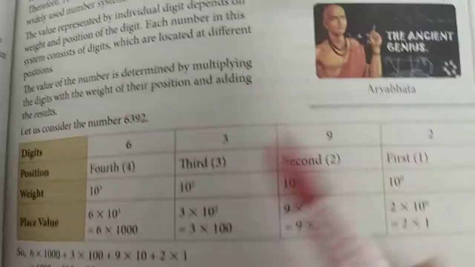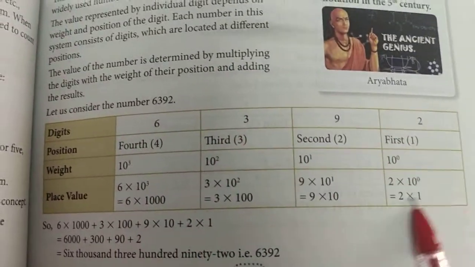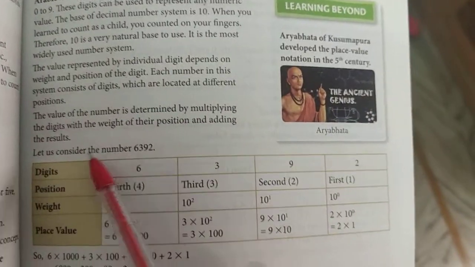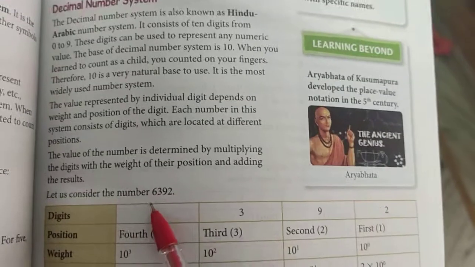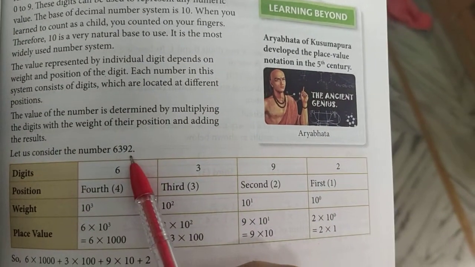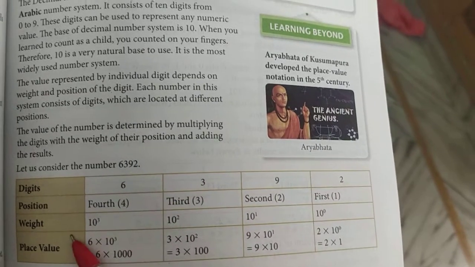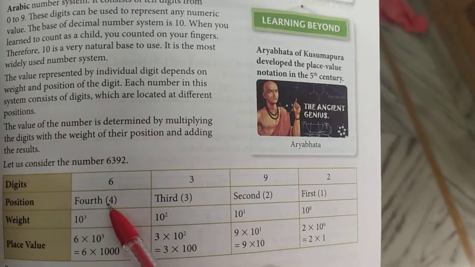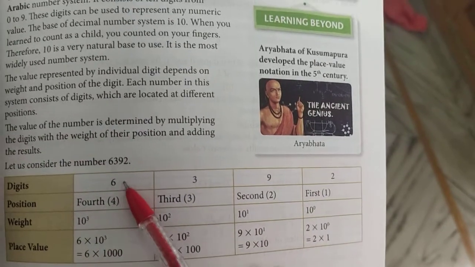In this diagram you can see digits. Let us consider the digits 6, 3, 9, 2. We will see in this diagram that this number 6 is in the fourth place.